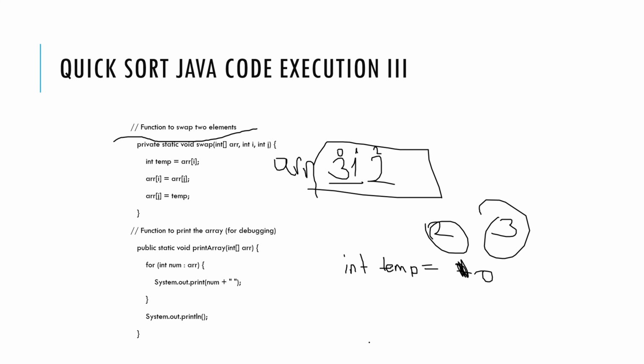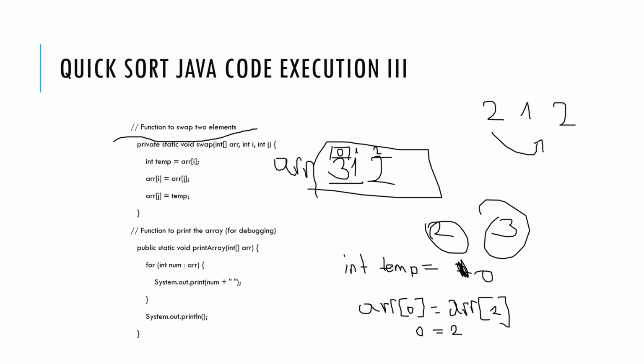Now, the temporary variable takes the value in the 0 position, in this case 3. Then the 0 position takes the value of the element that we want to swap it with, which is the element at index 2, which means on the 0 position we have 2. Now the array looks like this: 2, 1, 2.